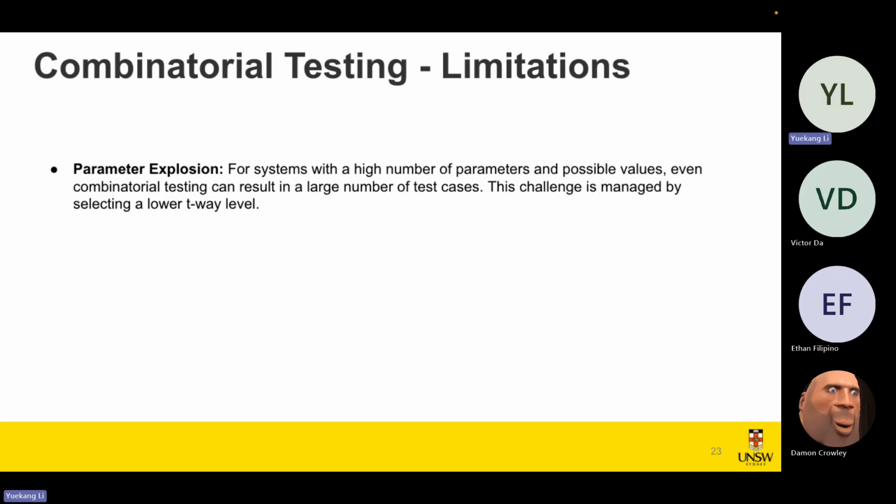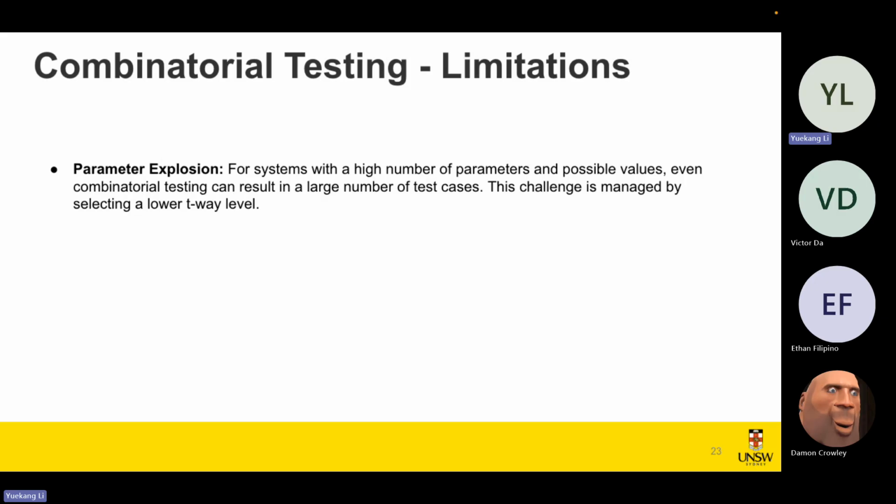So we have encountered one first. There could be a combination explosion problem. Even though we just discussed that we can limit the value of t to be a smaller value to somehow mitigate the problem of combination explosion, we just limit the number of input values we take from all the input values.